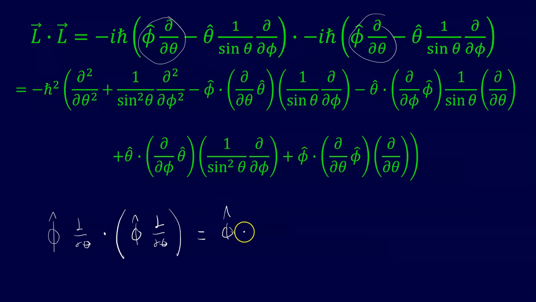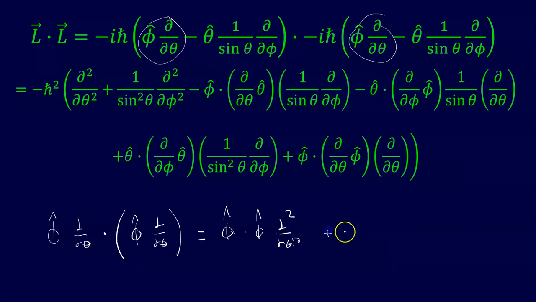The first term would be taking the derivative over here, and so you get phi hat dotted with phi hat, second derivative. That would be the typical term you would think about. Now the fact is, here the spherical coordinates depend on the actual angles, so you've got to do a product rule.